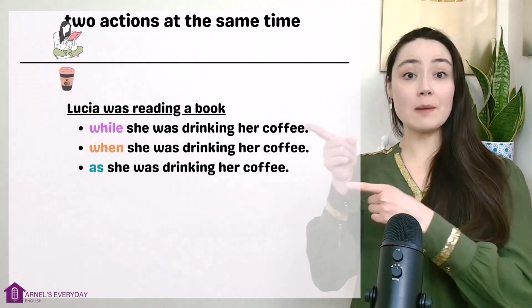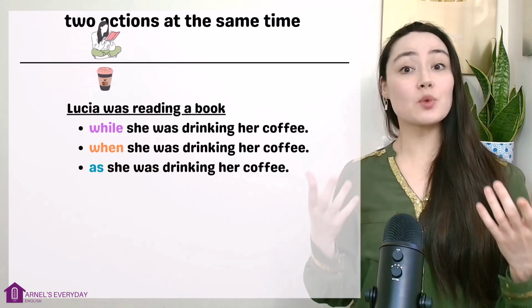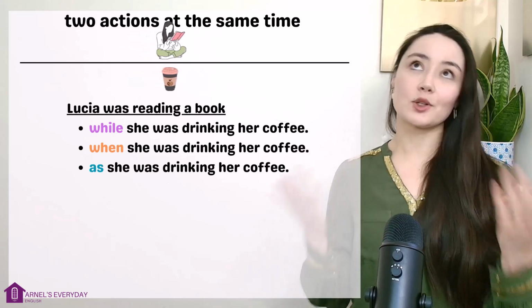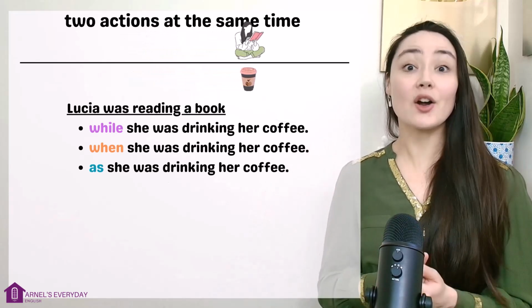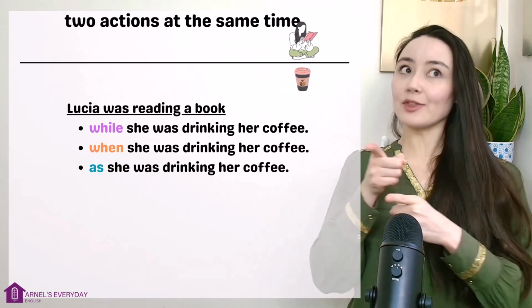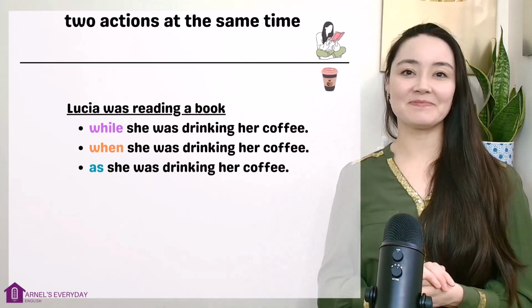Lucia was reading a book while she was drinking her coffee. Lucia was reading a book when she was drinking her coffee. Lucia was reading a book as she was drinking her coffee. You can see the reading and the drinking coffee are happening simultaneously.